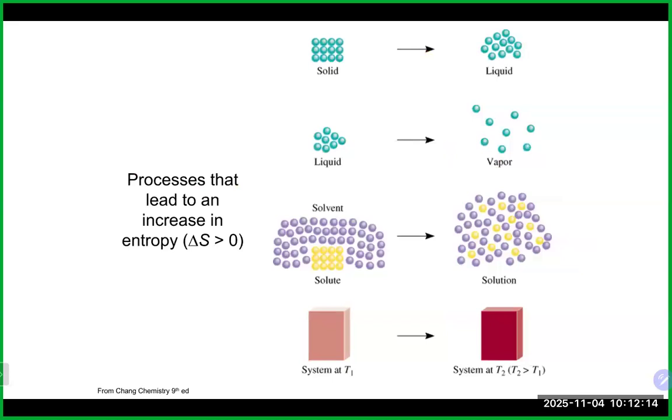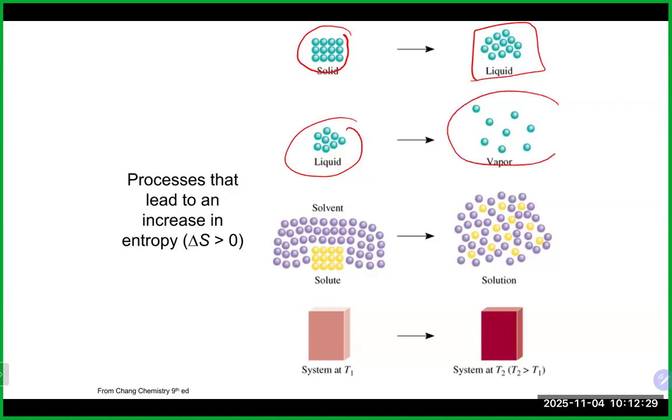So, taking a look at this, these are all processes where we see an increase in the entropy. Changes of state: solids are fairly ordered. Then we go to liquids, which have a lot more disorder, and liquids to gas, which are flying around. The process of making a solution definitely increases the disorder. There are two parts to our solution, a solvent and a solute.